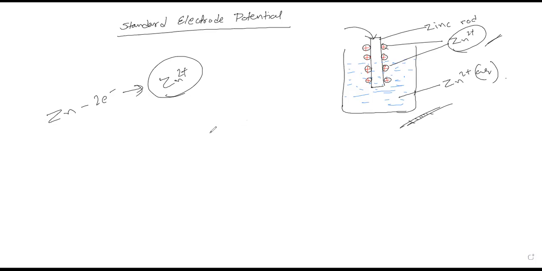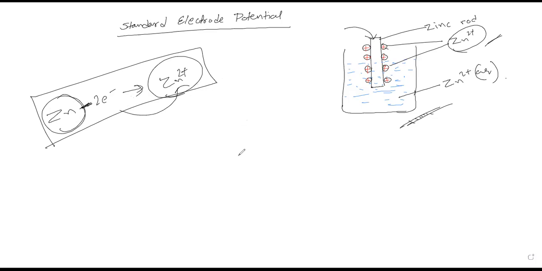Now, according to this equation, the zinc in its solid or neutral state is losing electrons, donating electrons, and forming Zn2+ ions. Hence, zinc ions from the solution gain electrons to make zinc. The reverse process also happens. How? Zn2+ gains electrons and shifts towards the other direction to form zinc.